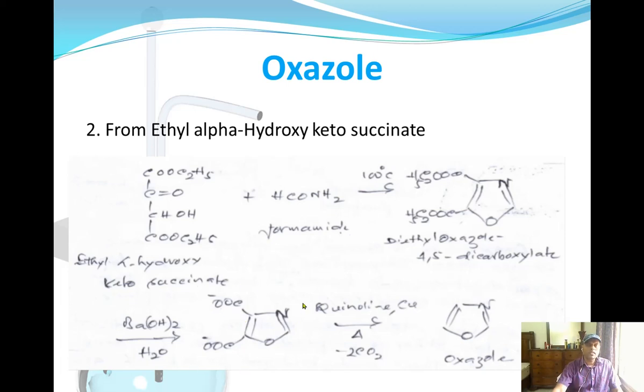So this is the acid salt, with two COOH groups over here. You subject this to quinoline in the presence of copper and heat it. Decarboxylation takes place, and with that you get oxazole. So the final product is oxazole. This is the second method of preparation.